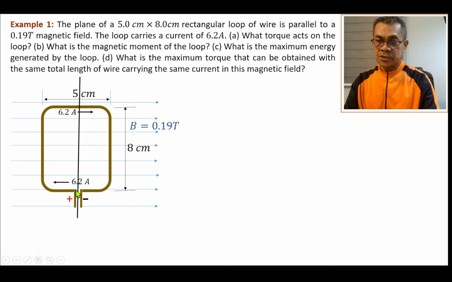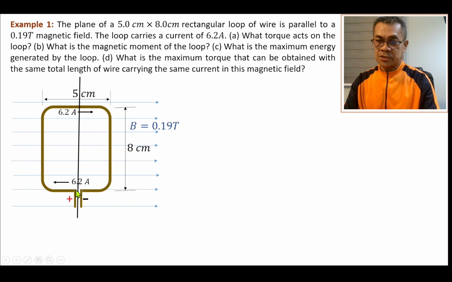So in this case, look at this one. Since the current tends to rotate clockwise on the screen, mu should be towards the surface. Okay? So that's mu. Meaning mu is now 90 degrees with the magnetic field.